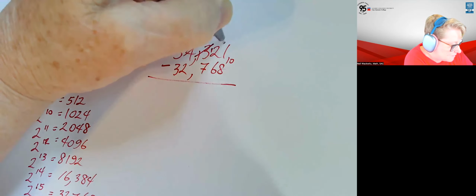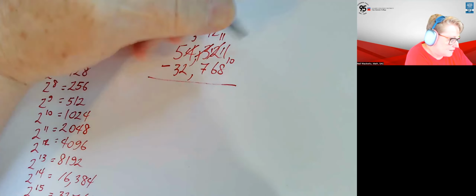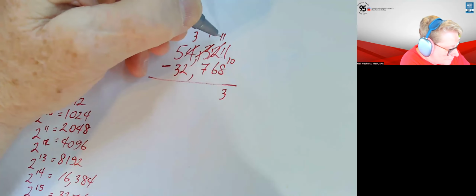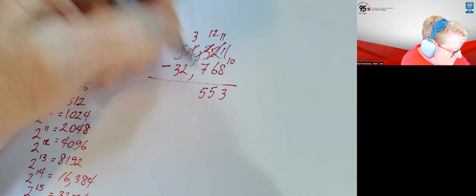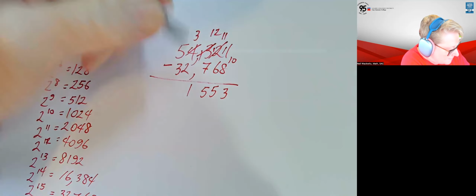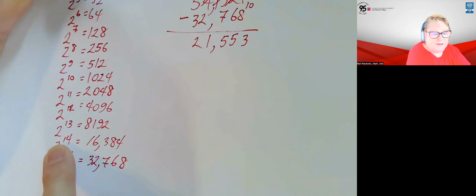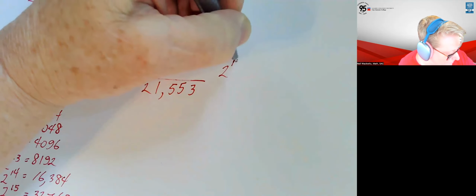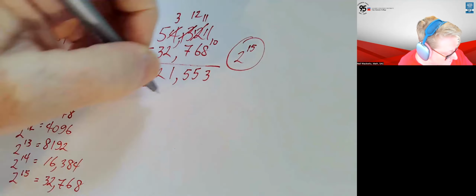The 2 becomes 12, which breaks down back to 11, and the 1 becomes 11. So 11 minus 8 is 3. 11 minus 6 is 5. 12 minus 7 is 5. 3 minus 2 is 1. 5 minus 3 is 2. So we have a remainder that is bigger than 2 to the 14th. So let's remind ourselves, this is a 2 to the 15th. Now let's subtract off 2 to the 14th.